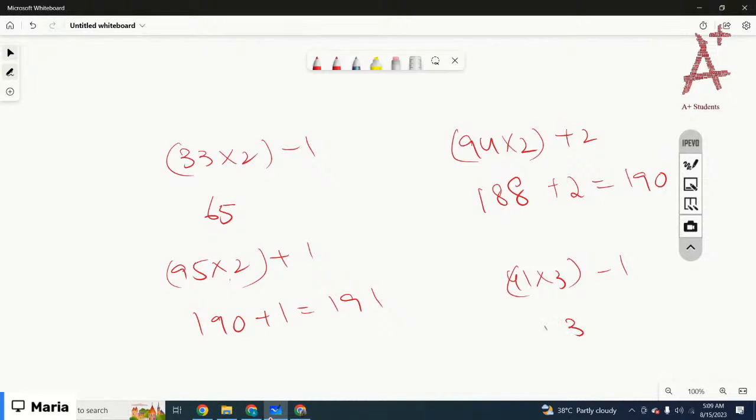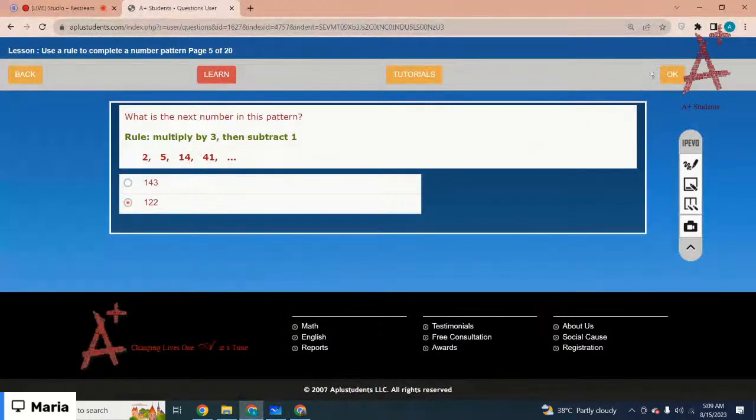So 3 times 1 is 3 and 3 times 4 is 12, and 123 minus 1 is 122, right? That means the next number in the pattern is 122.